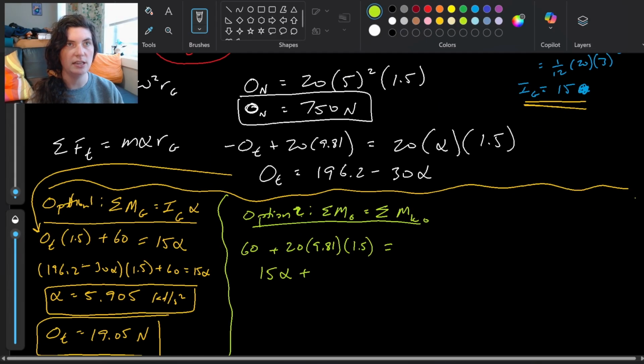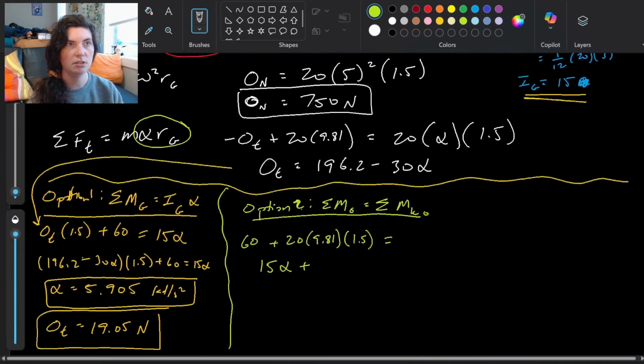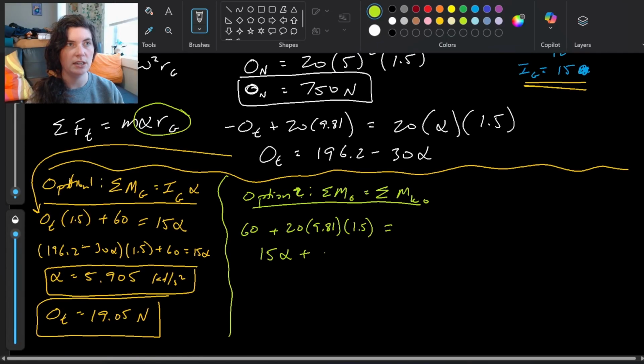And as we said, AGT is just alpha times R. So what we get is 20 alpha times R, which is 1.5, and then don't forget to multiply it by the distance away, 1.5. Right, so both of those have to be in there. It's mass times alpha times R times distance away.